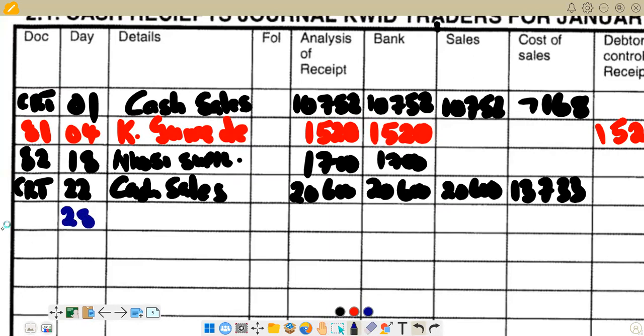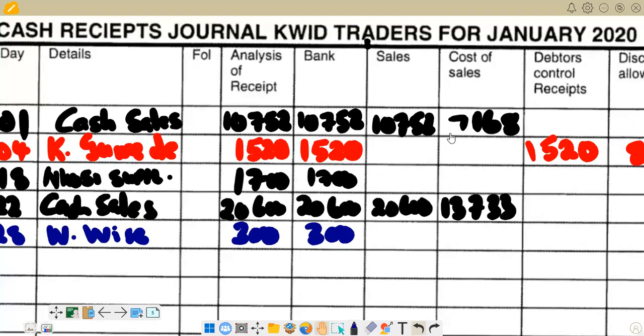Our document is 83 here, and on the details part, this is W wise, paying the amount of 300, and it's also going to be under bank. And it's a bad debt recovered. As I was saying, we don't have a column here for bad debt recovered. If you check here, we've got bank, sales, cost of sales.